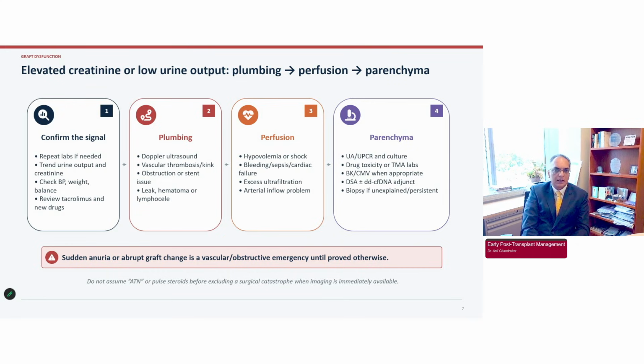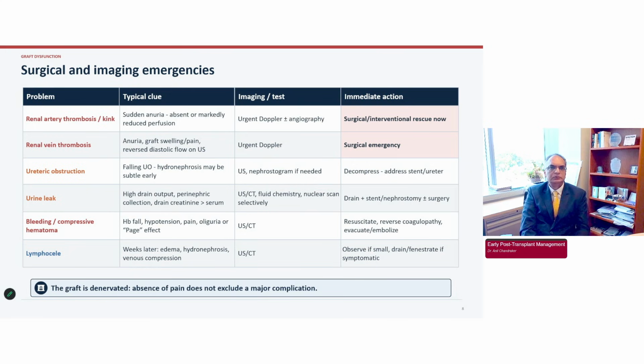So perfusion is the other thing that needs to be thought about. And then thirdly, thinking about the kidney itself. In terms of what is going on within the kidney, is there evidence of recurrent disease? Is there infection? Is there drug toxicity? And ultimately, if it cannot be explained, then you need to proceed to a biopsy.